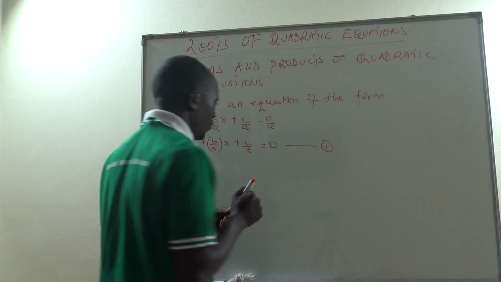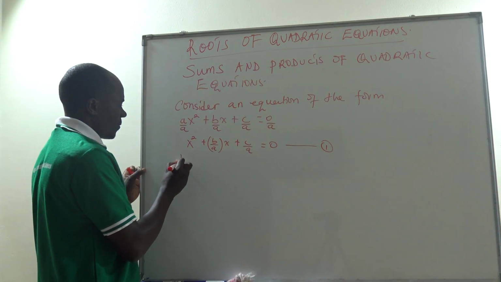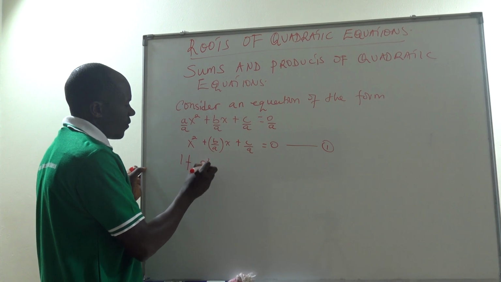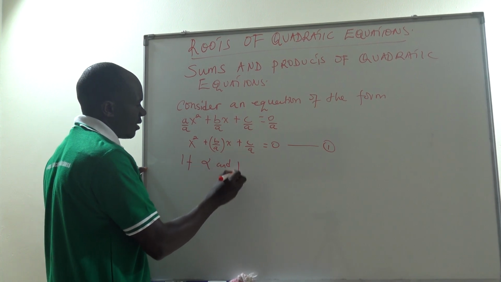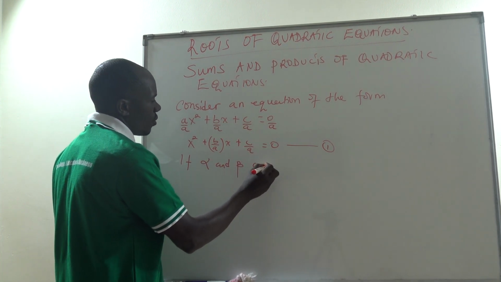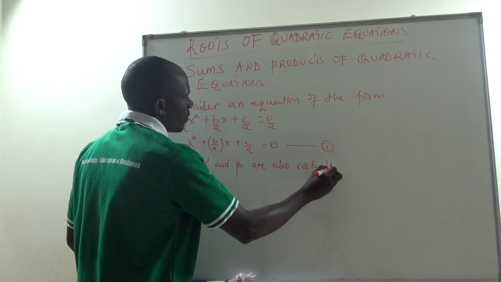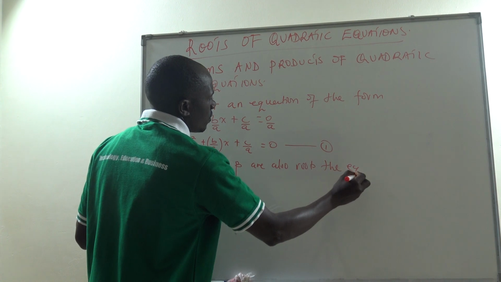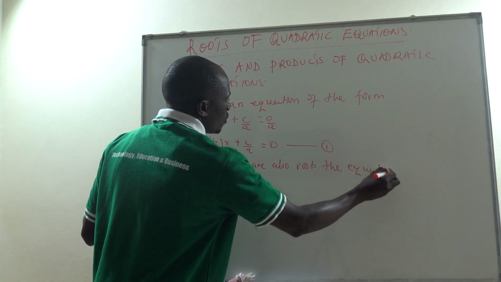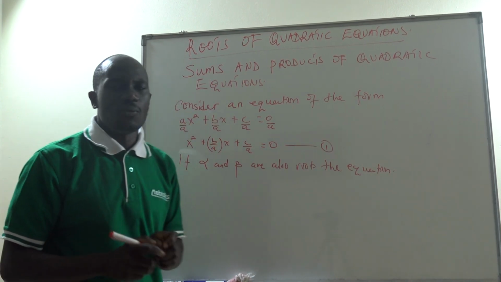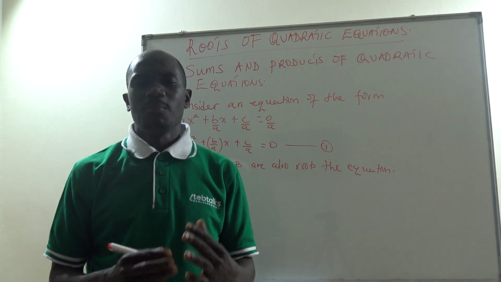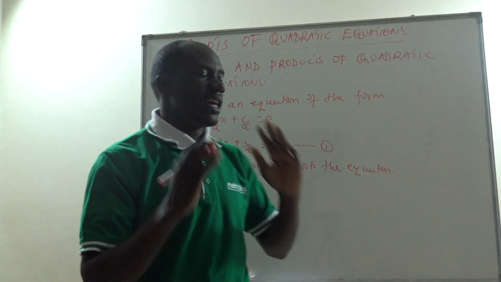Again, we say if alpha and beta are also roots of the equation, so we are now assuming here that you have introduced other roots being given as alpha and beta.